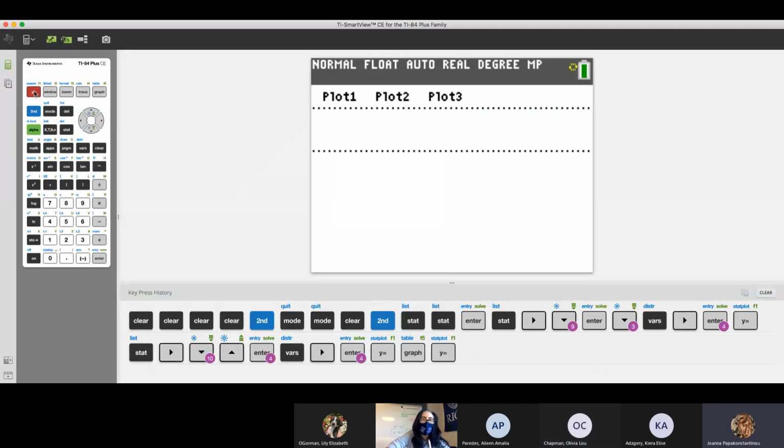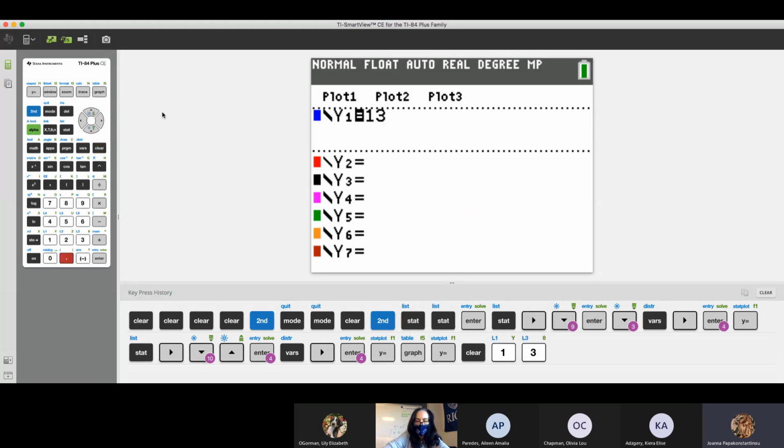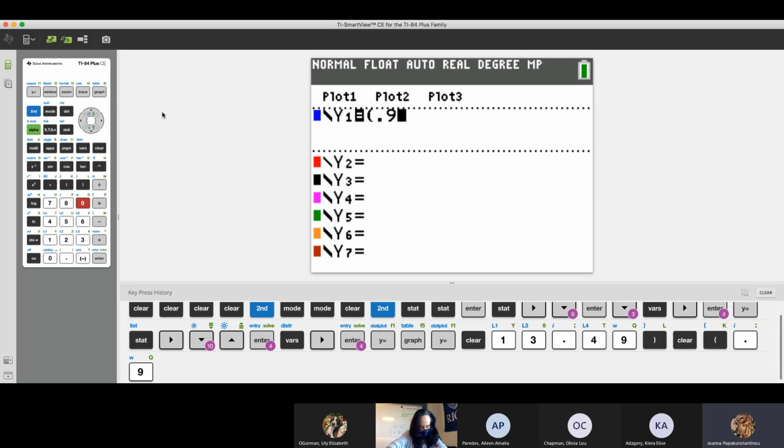Okay, so if I go to y equals, let me clear this. I would put in 13.49 times 0.967 caret. Where's the caret? Do you know where the caret is? Yeah. Where do you see it?